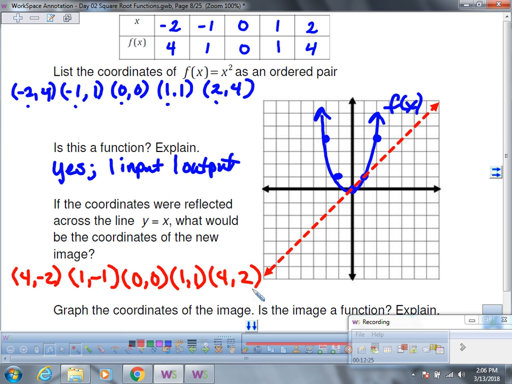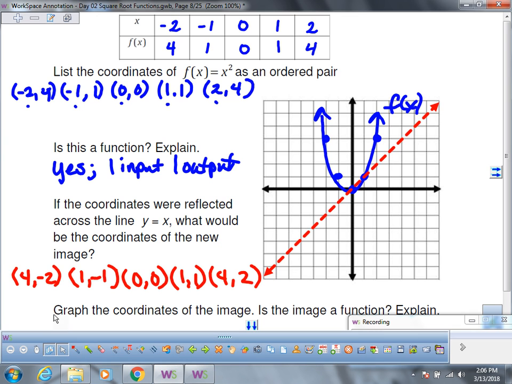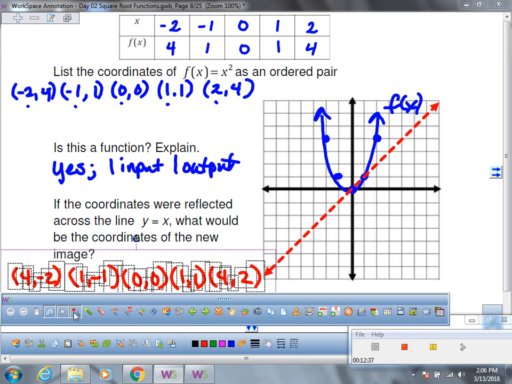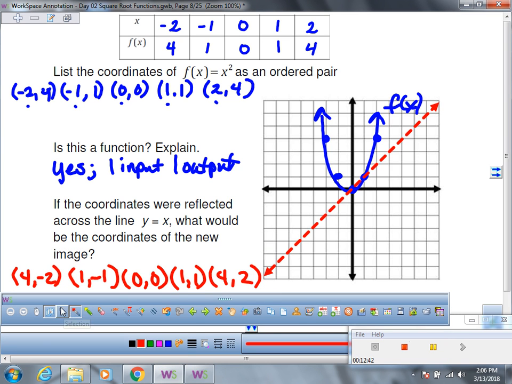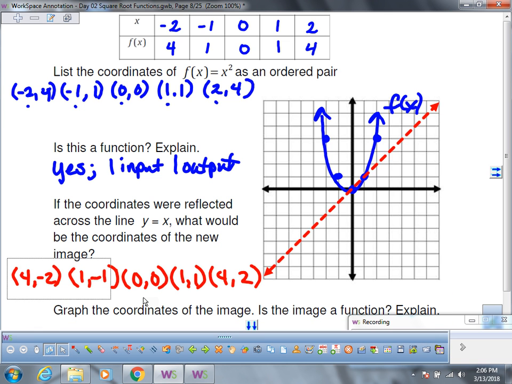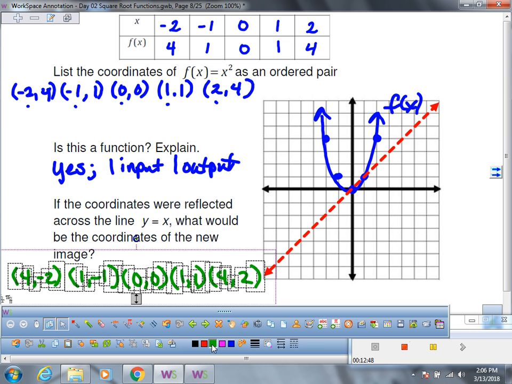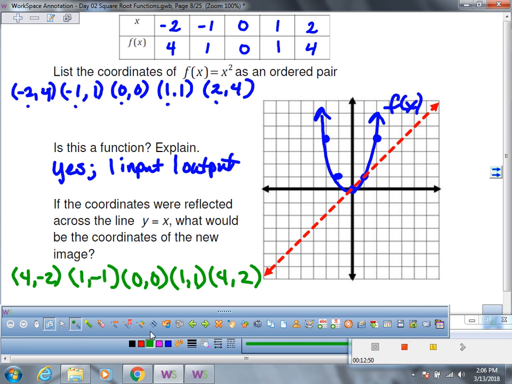Graph the coordinates of the image, the image of the function. I did this again. I want all of these to be, what do you think? Green. Of course, right? Green. There we go. Color coding.